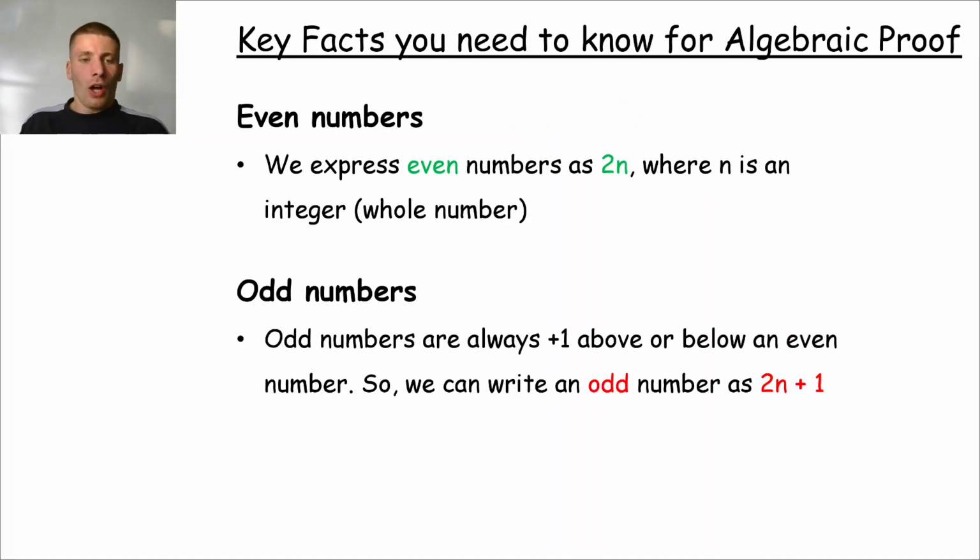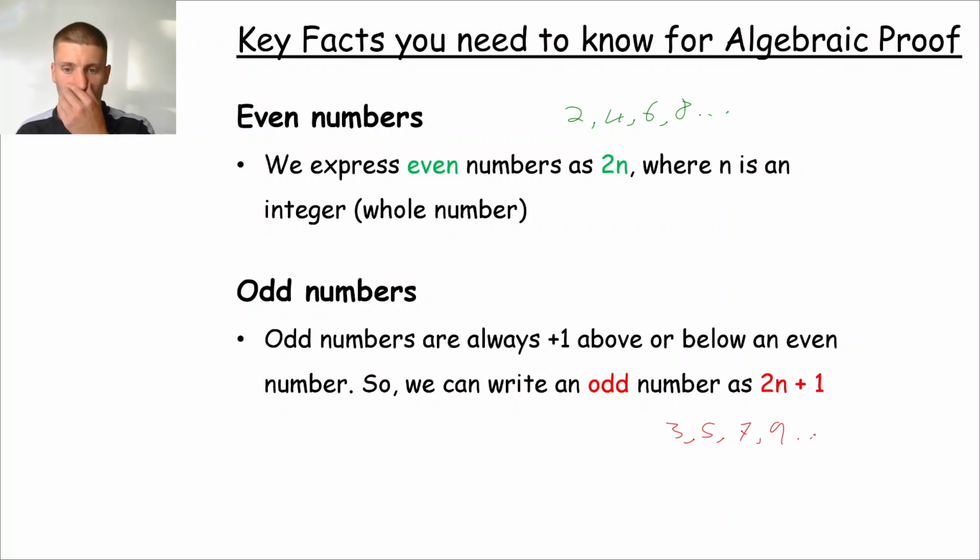Okay. Odd numbers. So odd numbers are always going to be plus or minus 1 from an even number. So you can write an odd number as 2n, so taking your even number and then either plus or minus 1. Because if 2n, okay, they were your even numbers like 2, 4, 6, 8, so on and so forth. If you go and plus or minus 1 to those, well, what's plus 1 from 2? It's going to be 3, plus 1 to 4 is going to be 5, so 3, 5, 7, 9, so on and so forth.